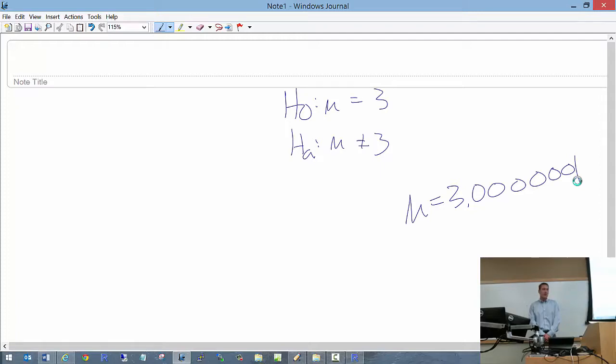No. In fact, for any set of hypotheses like this, where you have equal versus not equal, if I have access to, let's say, an infinite possible sample size, I'm going to find some sample size where I'm going to reject H0 most likely.